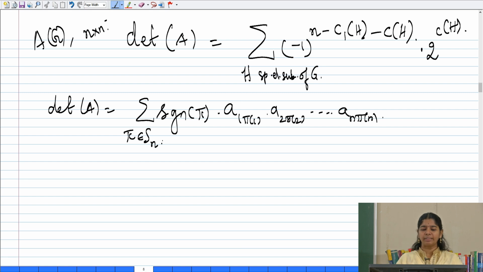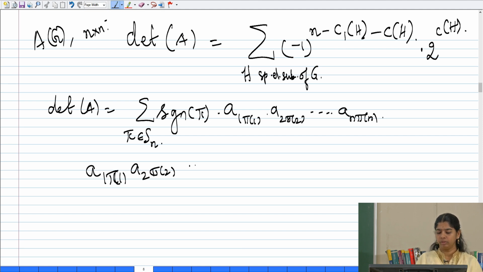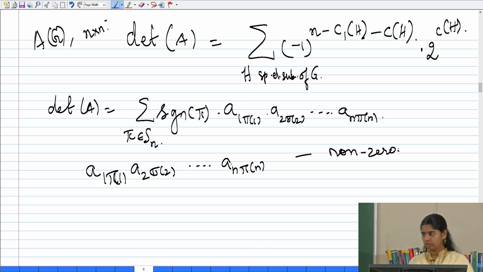So, now if you look at this in our adjacency matrix setting, look at any non-zero term in the summation. What does that mean? Let me pick out one non-zero term, a_1 pi(1), a_2 pi(2) and so on, a_n pi(n).